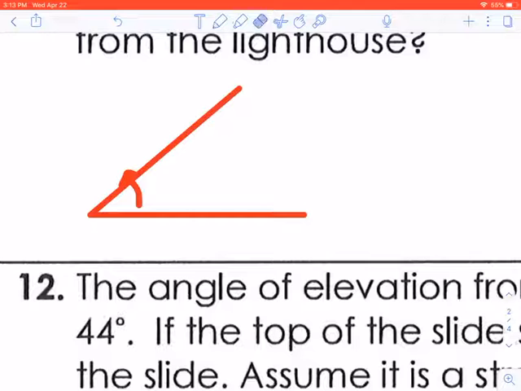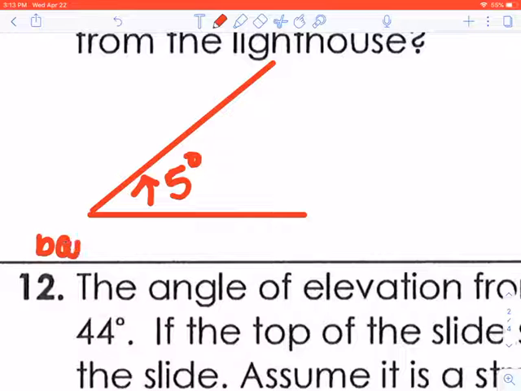Hold on, let me make it look better. Okay. I'm going to go up, and then I'm going to create an angle of elevation that is 5 degrees. Okay. So my boat is here. Okay, and the top of the lighthouse is up here, and then we can finish our triangle. So this is the top of the lighthouse.